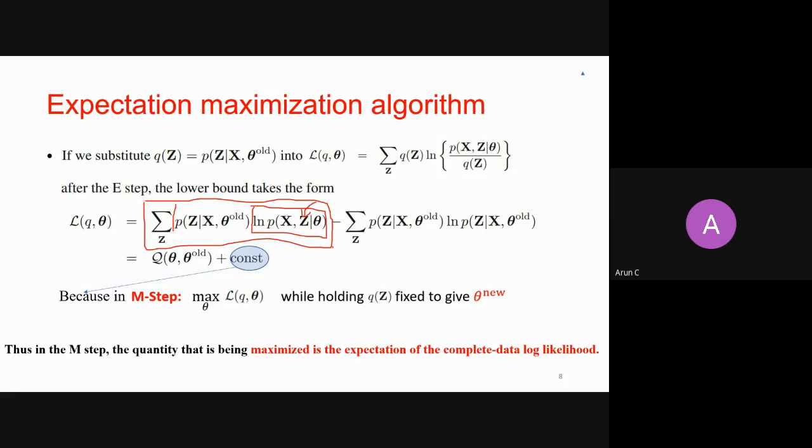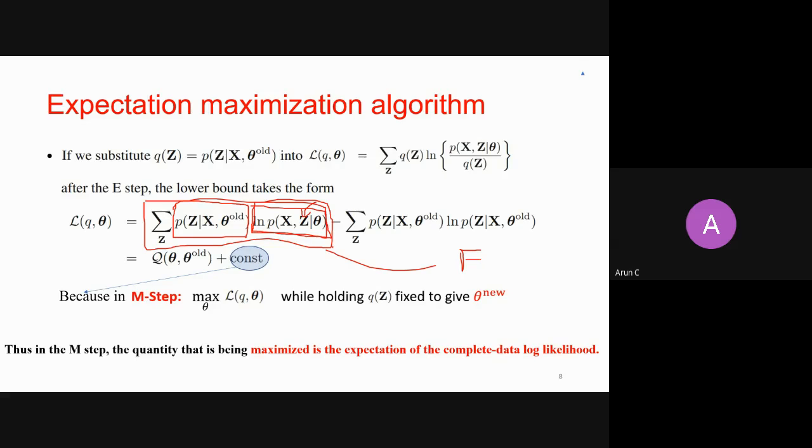We are taking some distribution over z. It is a posterior distribution, but it is a distribution, right? Taking this distribution along with this function, it is the expectation of log p(x, z).